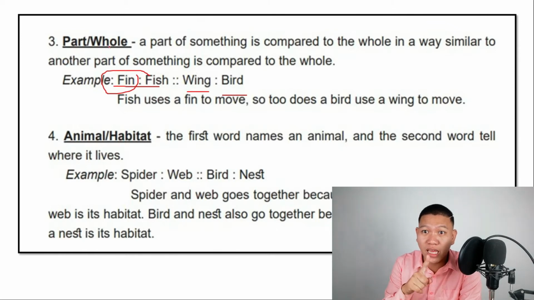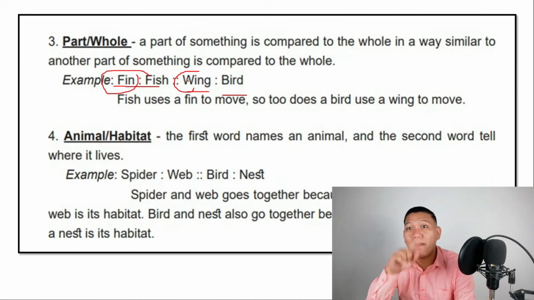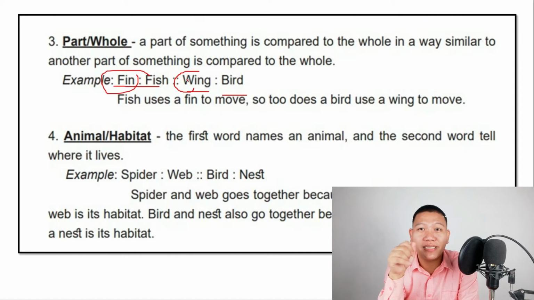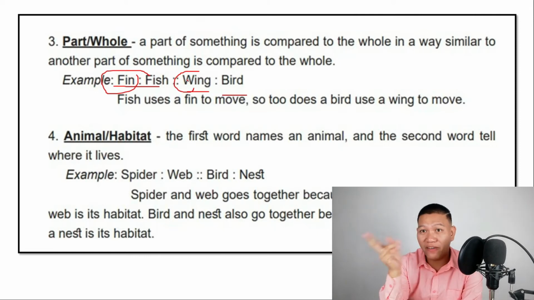So fin is to fish. In the same way, wing is to blank. So since we use wing, which animal uses a wing? So it's a bird. So we use the word bird. You get it? So that's part is to whole. More examples later on in the activities. We will have some more.